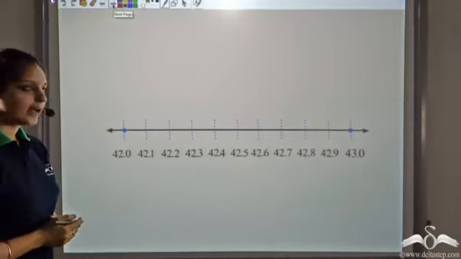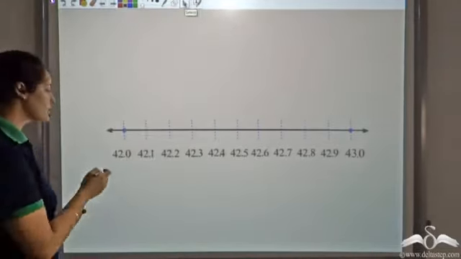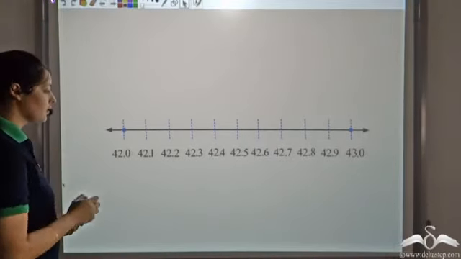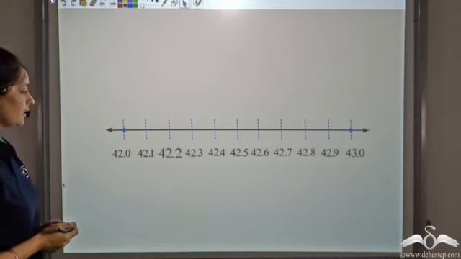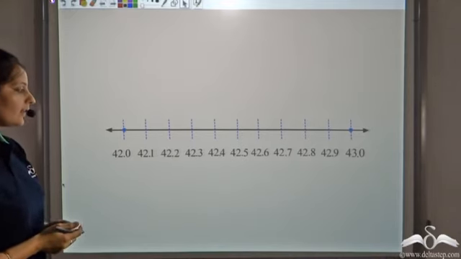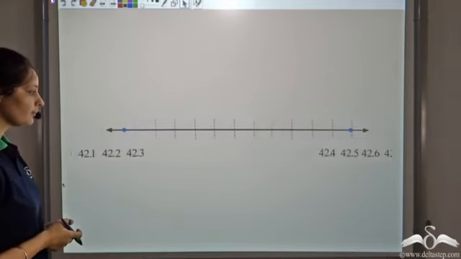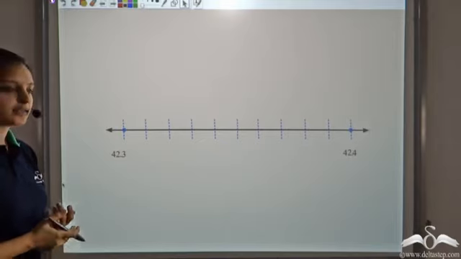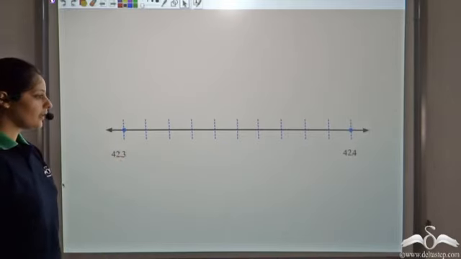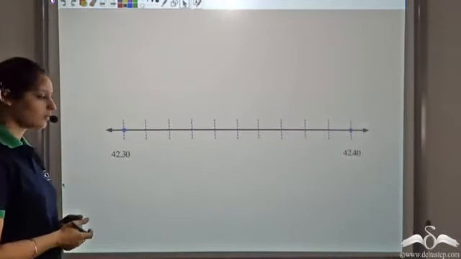So this is what I had, a number line where I was trying to find numbers between any two consecutive decimal numbers. Between 42.3 and 42.4, I divided this tenth distance into 10 equal parts, which gives me hundredths now. So I can represent this as 42.30 and this number here as 42.40.